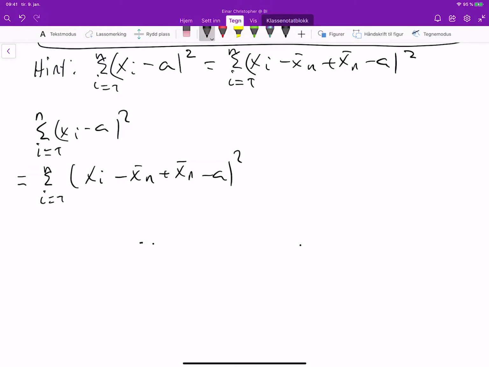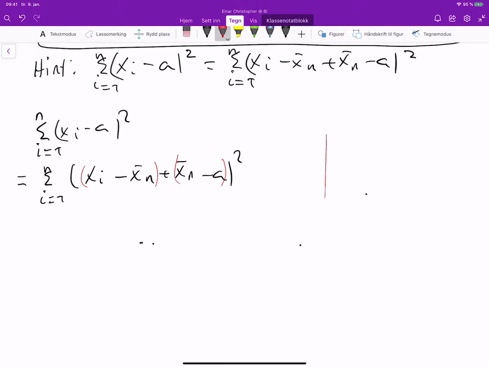And then we can think of this as one term and this as another.